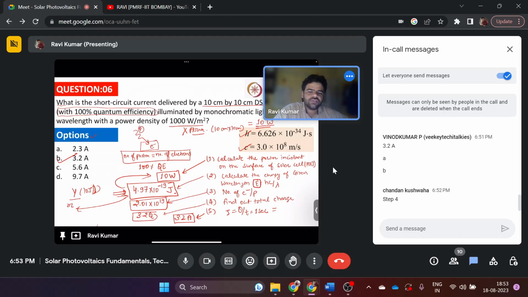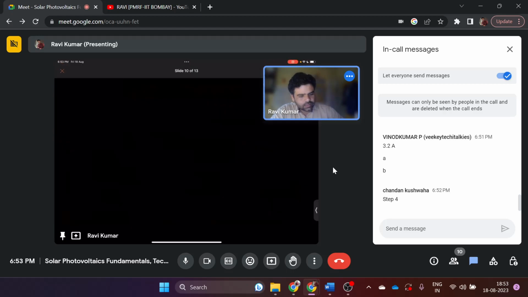Chandan, in step 3 you got the total number of electrons. In step 4, I am saying the total charge needs to be calculated. So total charge should be number of electrons into charge of an electron. Just need to multiply.